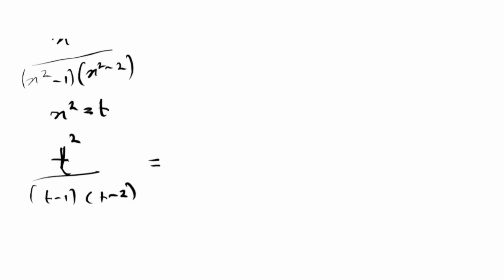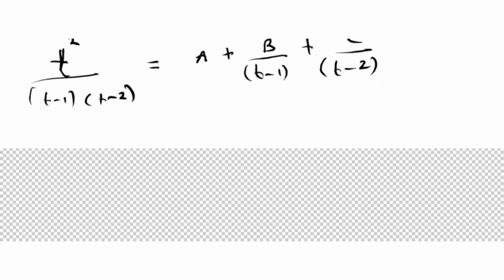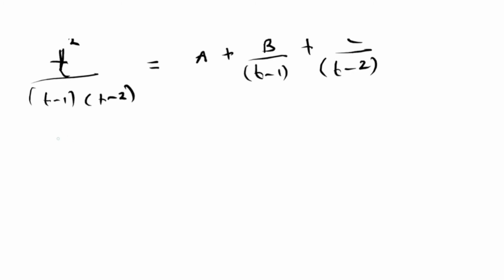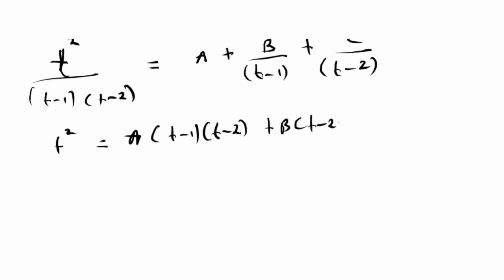So we write the partial fractions as a plus b over t minus 1 plus c over t minus 2. Then when you take the common denominator, you will be left with t squared equals a plus b times t minus 2 plus c times t minus 1.